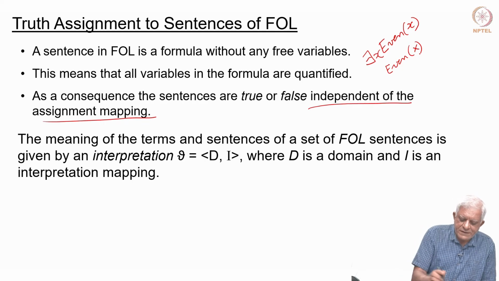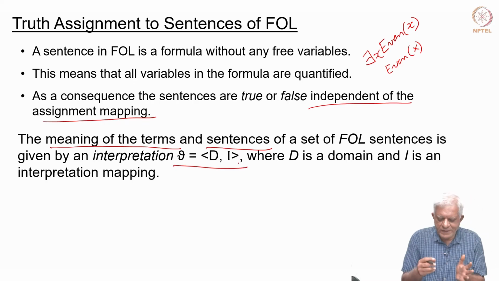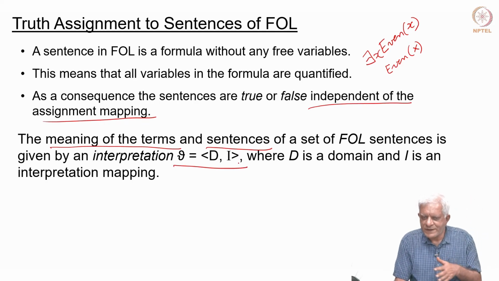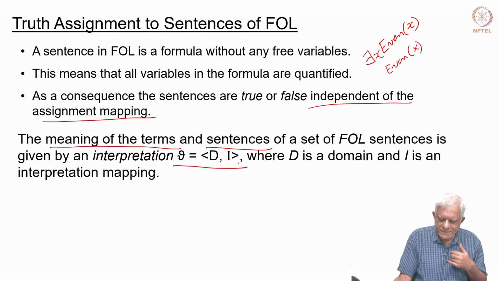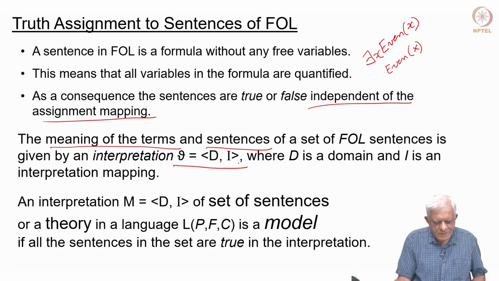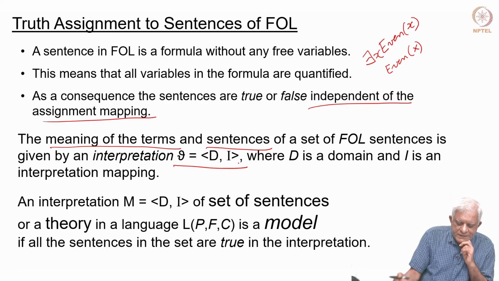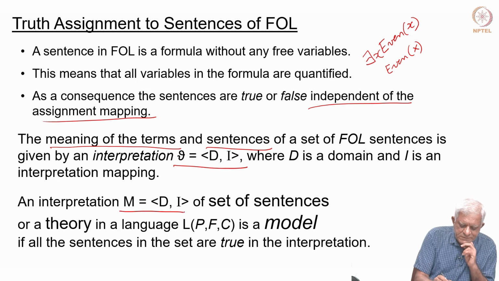Okay, so, we have said that the meaning of terms and sentences of a FOL is given by the interpretation, which means you choose a domain and you choose a mapping as to what do the predicates mean, what do the functions mean, what do the constants mean or refer to. We say that an interpretation M, so you have chosen some D, you have chosen some I, of a set of sentences.